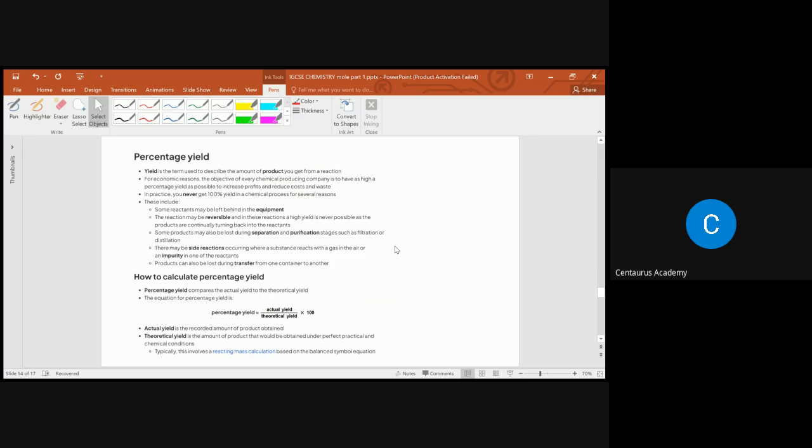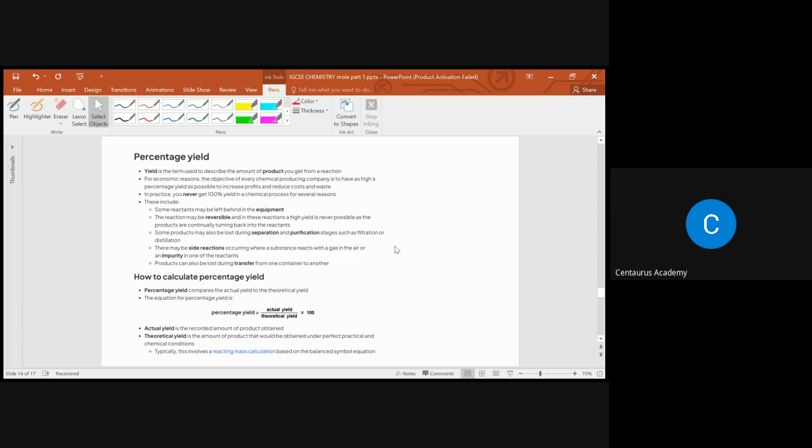For instance, there might be some ambiguity within the chemical process, or how it is actually carried out. For instance, once you are shifting the product from one vessel to another reaction vessel, there is a possibility that you lose some of the product. So it is important to find out the percentage yield.